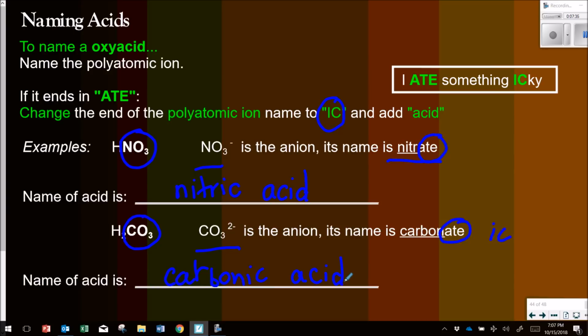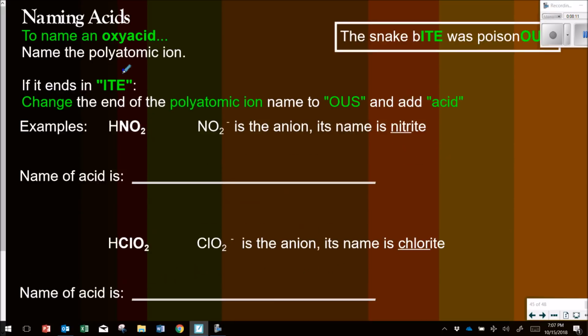A useful acronym to remember that the ate polyatomic ions need to change their ending to ic is over here: I ate something icky.